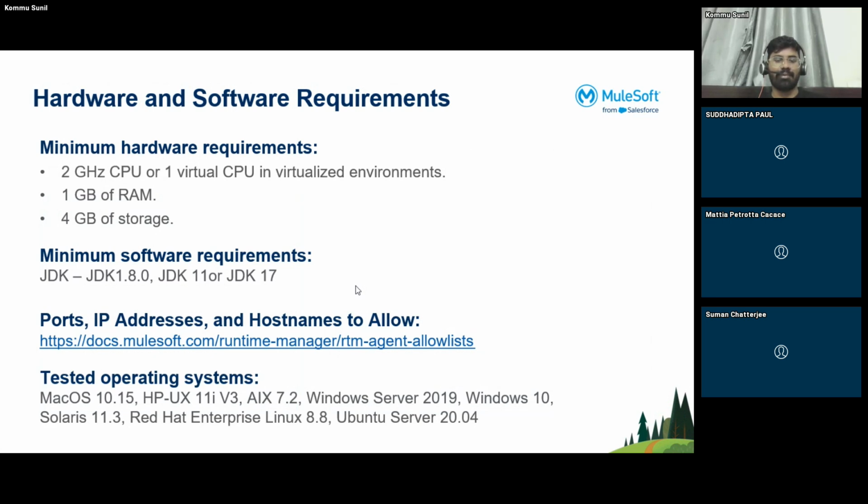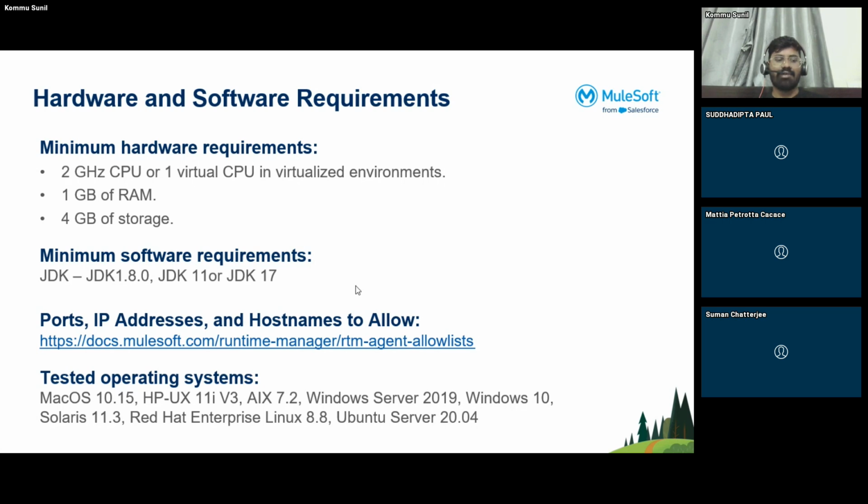This is the very minimum, just to keep the runtime running. But these will be decided based on how many applications you're planning to deploy on the server, what the load will be, and other architectural considerations. And we should have a minimum of Java 1.8, that is Java 8, and it supports Java 11 and Java 17 as well.